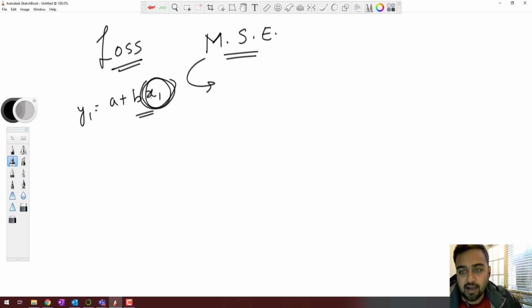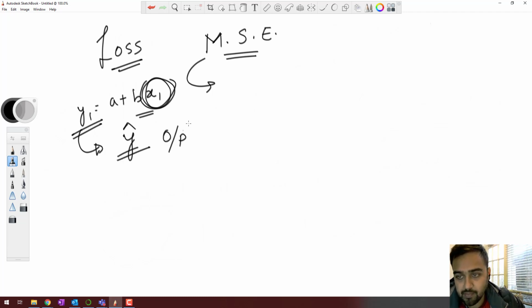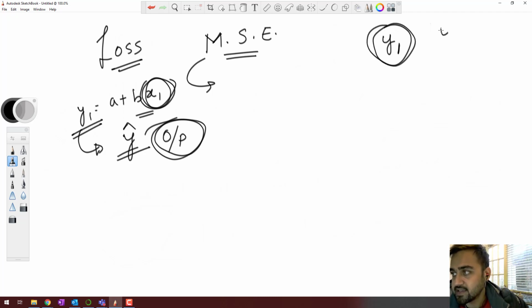There's this particular x value, and your regression function spits out a y value, right? A y hat, let's say that is the output. Let's say we have label values y1s, or let's call them y, right? We have y, those are already given.